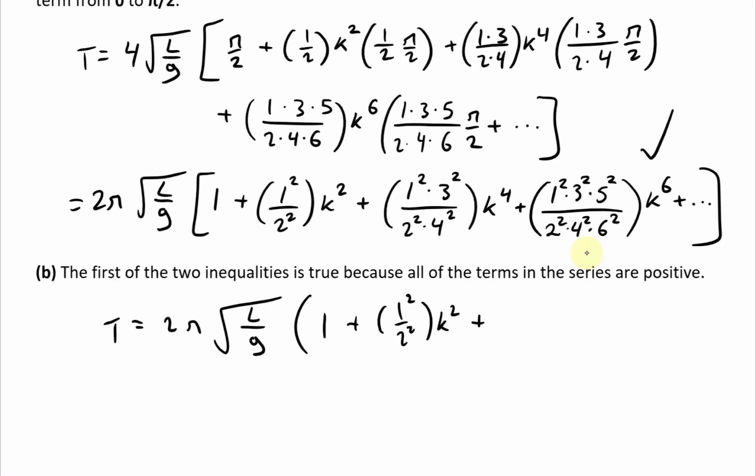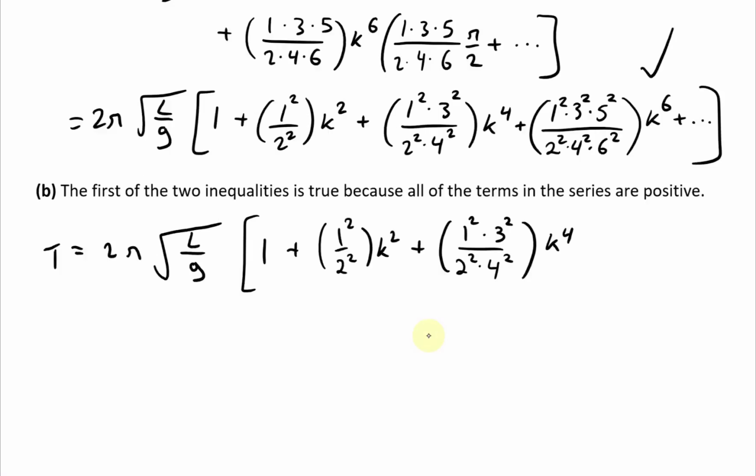I'm just going to add one more term, 1 squared times 3 squared over 2 squared times 4 squared, k to the 4, and put a square bracket, plus dot dot dot. Now this part right here, 1 squared over 2 squared, is just 1 over 4, since 2 squared is 4 and 1 squared is 1.